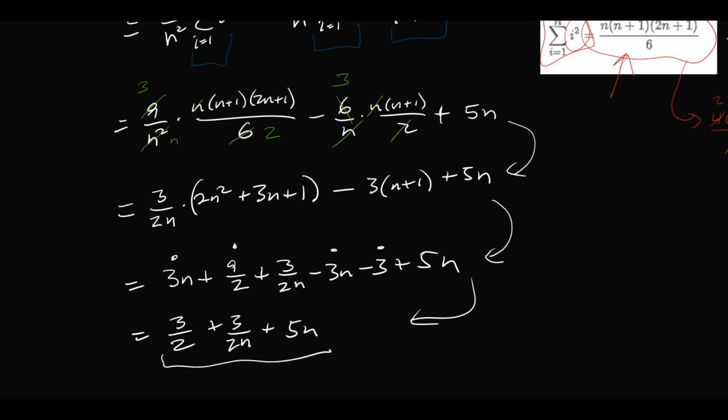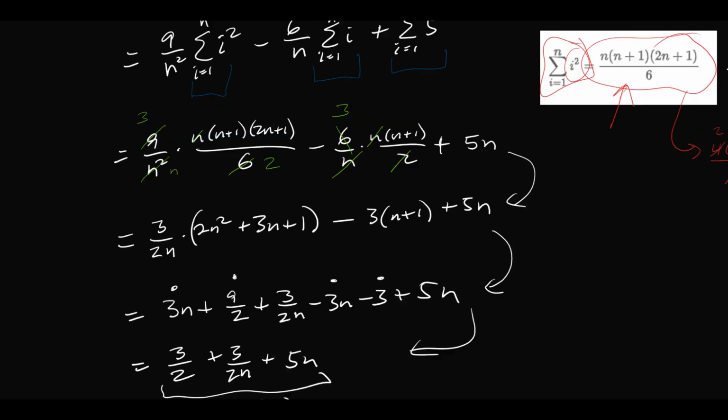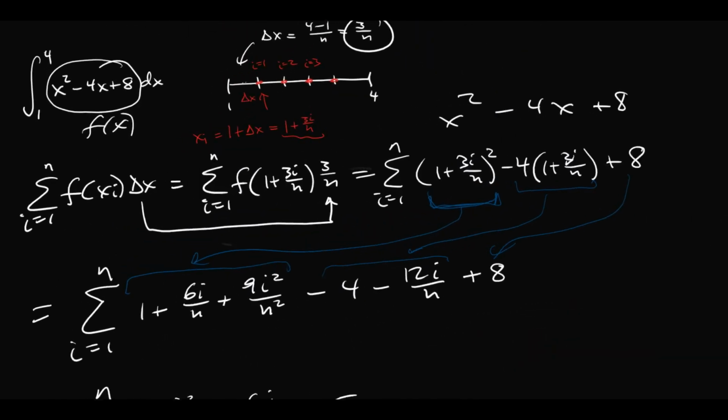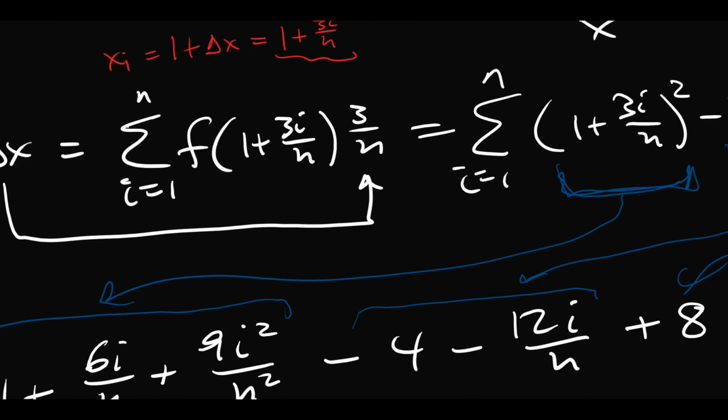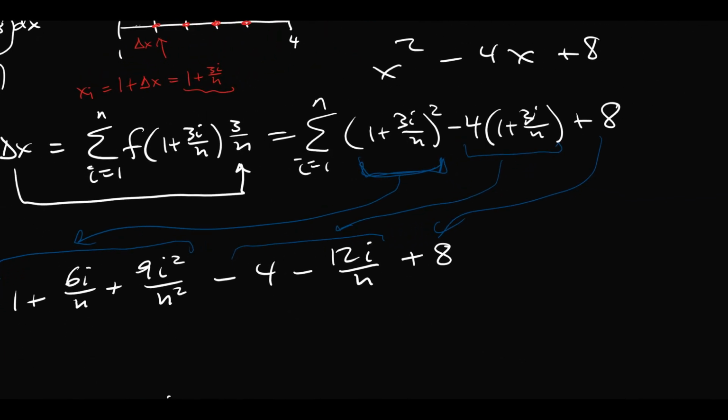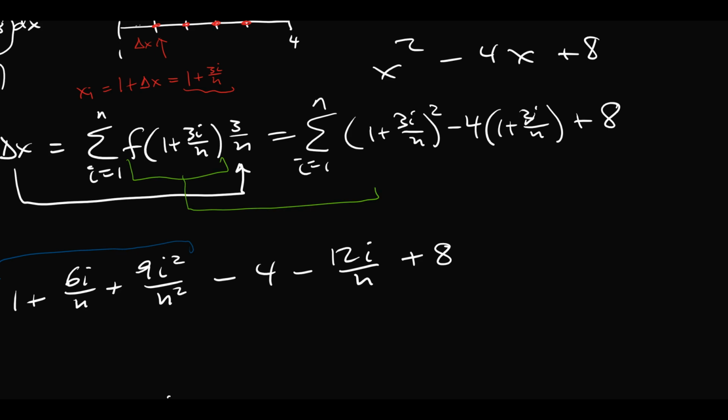Now, this here is just the f of x_i piece, okay? We have to go back and pick up that 3 over n that is in here. All I've done is I've taken care of this piece here, and that goes all right here.